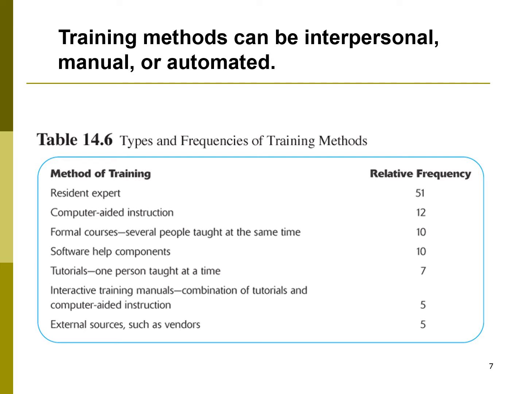You can also perform tutorials, where you go to your users' organization and give training to them. Or it can be in the form of an interactive training manual, where you combine tutorials and computer-aided instruction. Or also in the form of external sources, especially when your system is using another system.